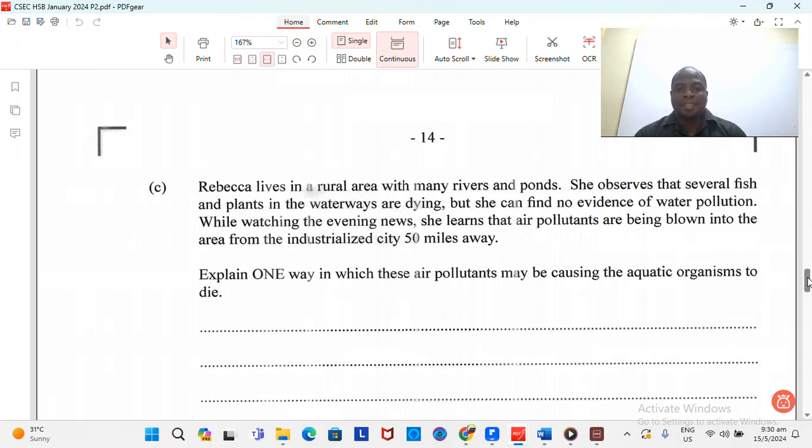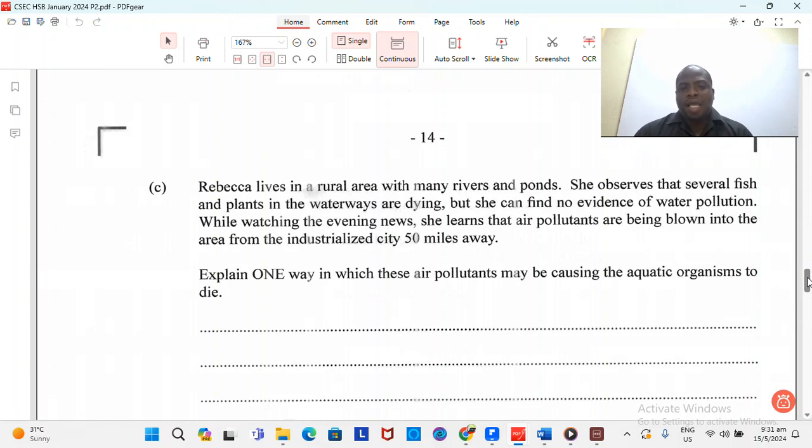So the fact that it is falling into the water, maybe adjusting the pH or the quality of the water, will cause the organisms to die. These pollutants may have toxic chemicals in them that would eventually cause maybe cancer, not necessarily in the plants, sorry, but in the fishes that are inside of it.